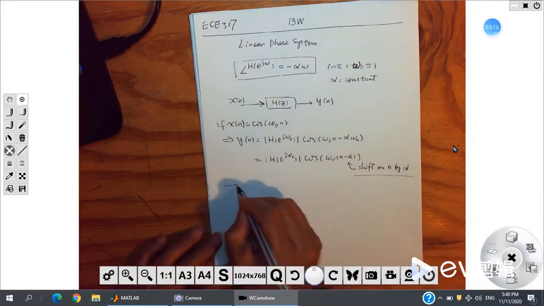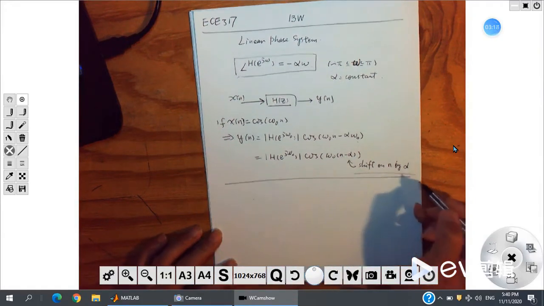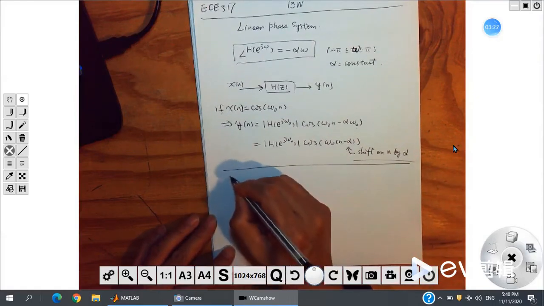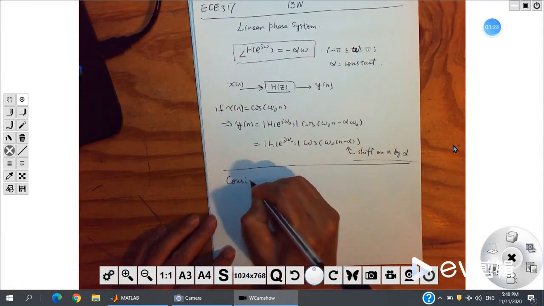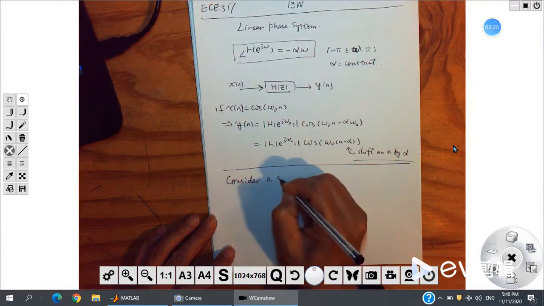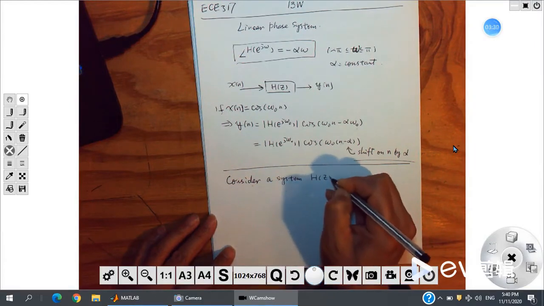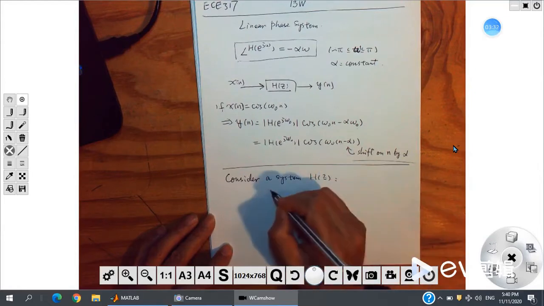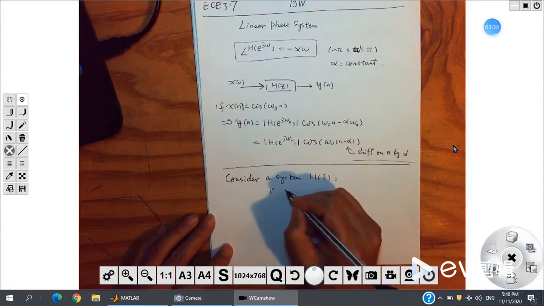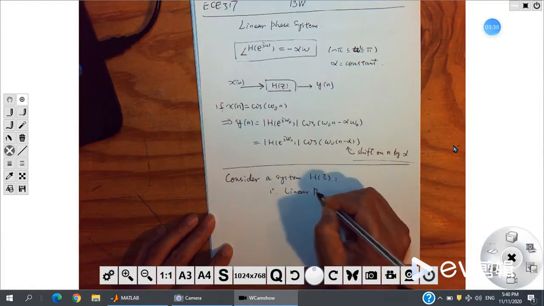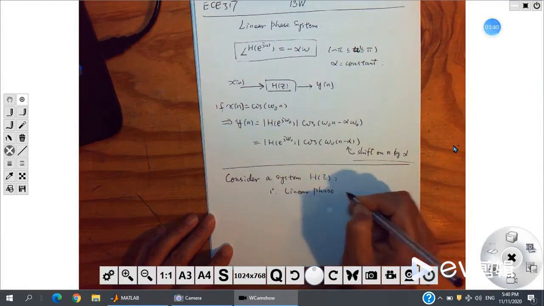Okay, now we consider a special case. Consider a system H of z with a feature. First, we want it to be linear phase, right? We're studying linear phase systems.